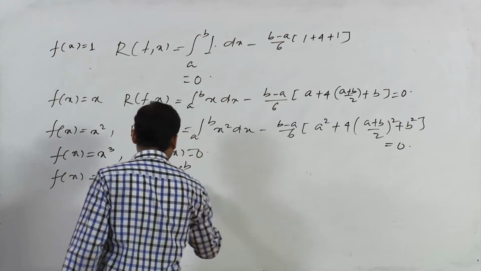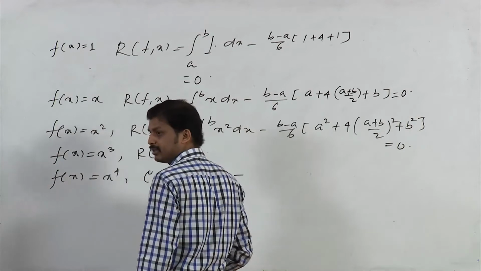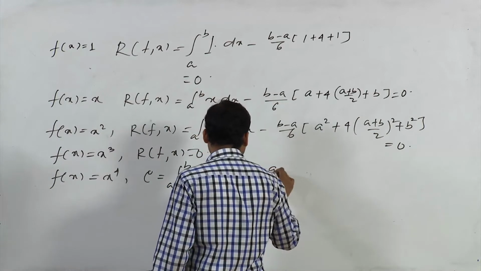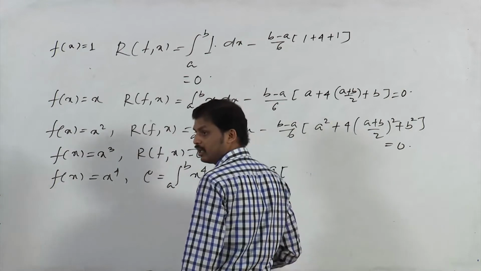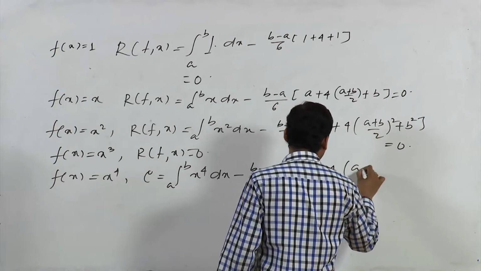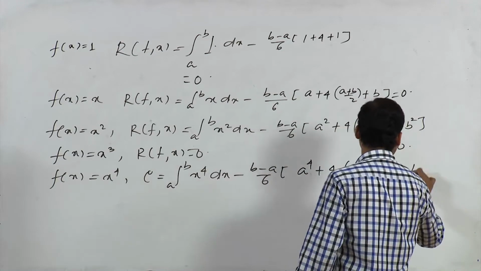So that is the integral from a to b of x to the power 4 dx minus (b minus a) by 6 times [a to the power 4 plus 4 into ((a plus b) by 2) whole to the power 4 plus b to the power 4].